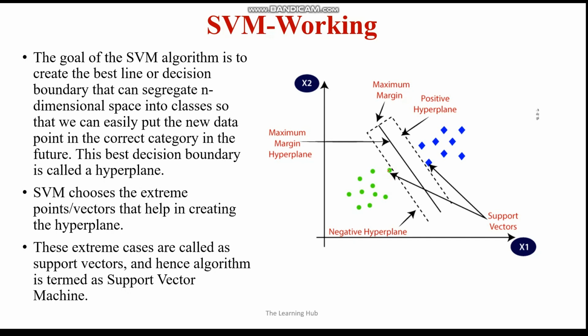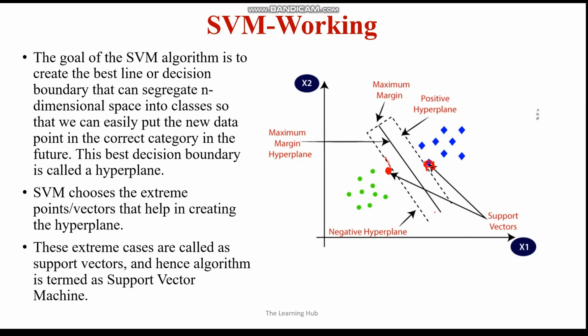Now let us understand what support vectors mean. Support vectors are nothing else than the data points, like here and here, the data points that have played a role in drawing this separation line. Fine. So here, see, this dashed line is very close to this data point. And here is this line, which is close to this data point.